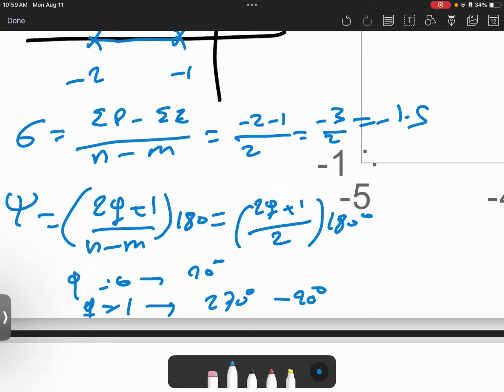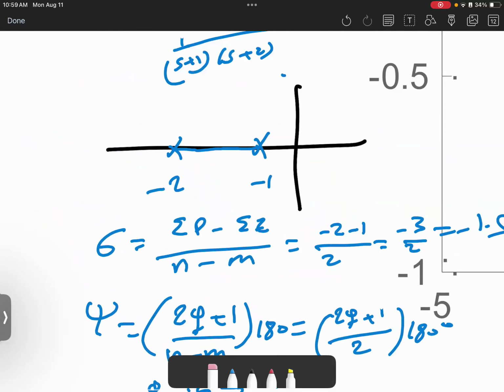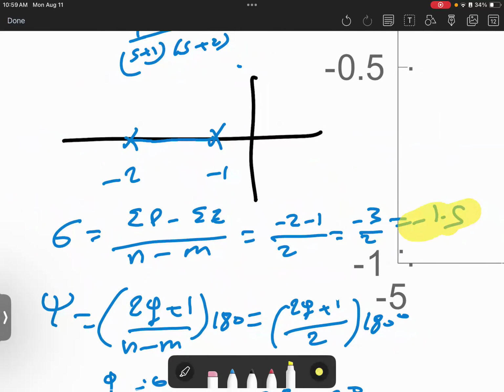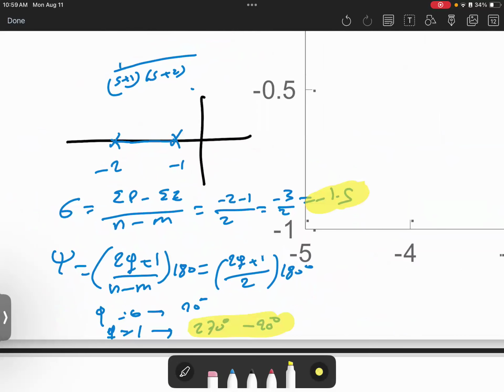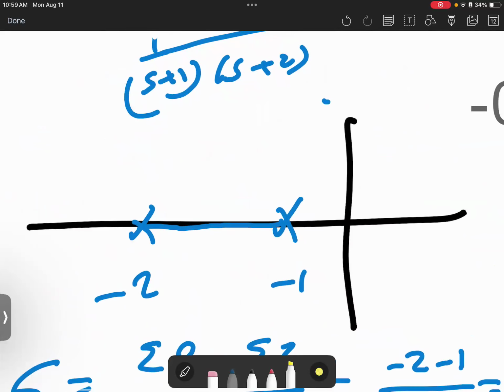And then that's it. Don't substitute q equal 3 because we are done with 2 poles. Then basically we say the asymptote is at -1/2 with plus 90 degrees and minus 90 degrees.